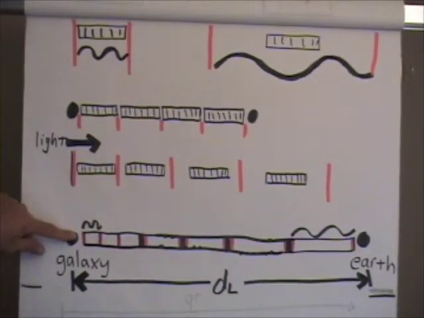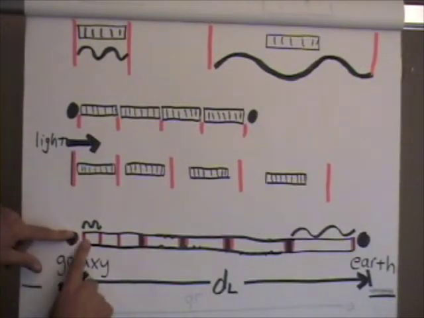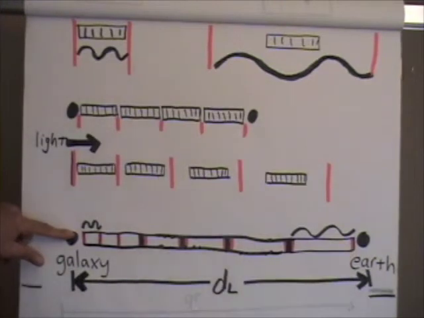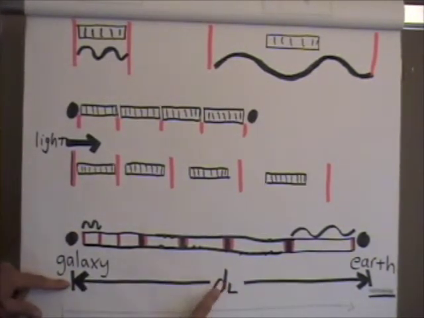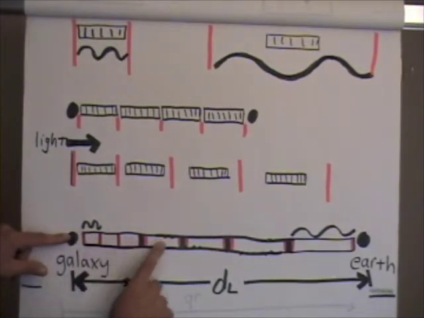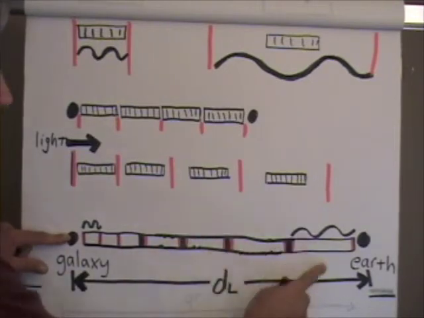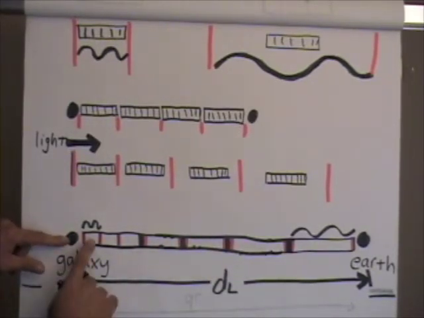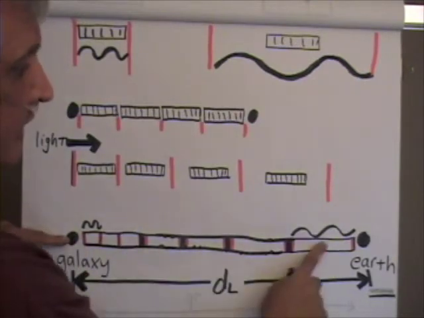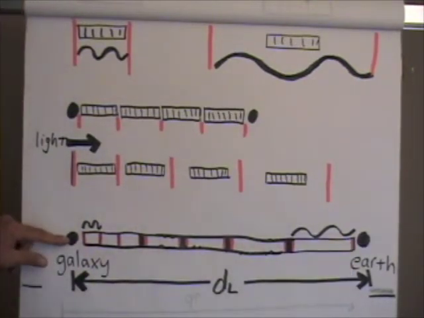The last thing we can see from this diagram is that this represents the distance that the light has traveled. In other words, dl, the distance the light traveled, is made up of a bunch of segments of space that got longer as time passed during the travel of the light.